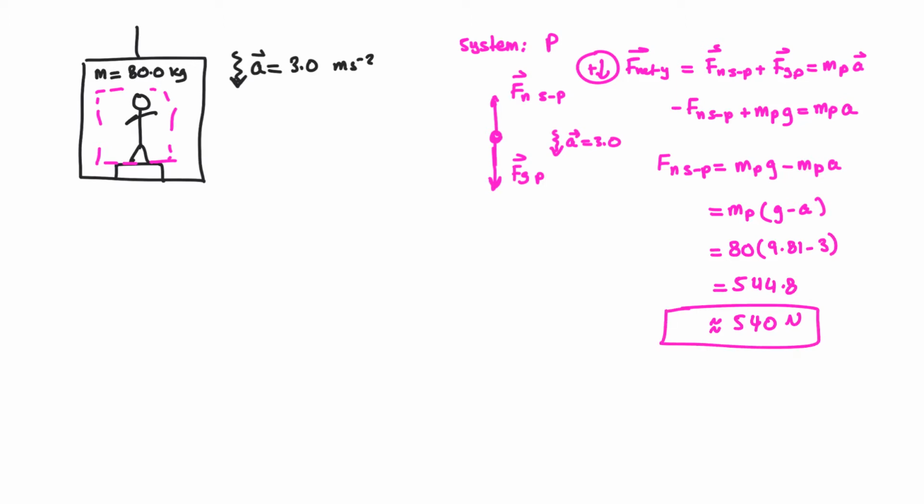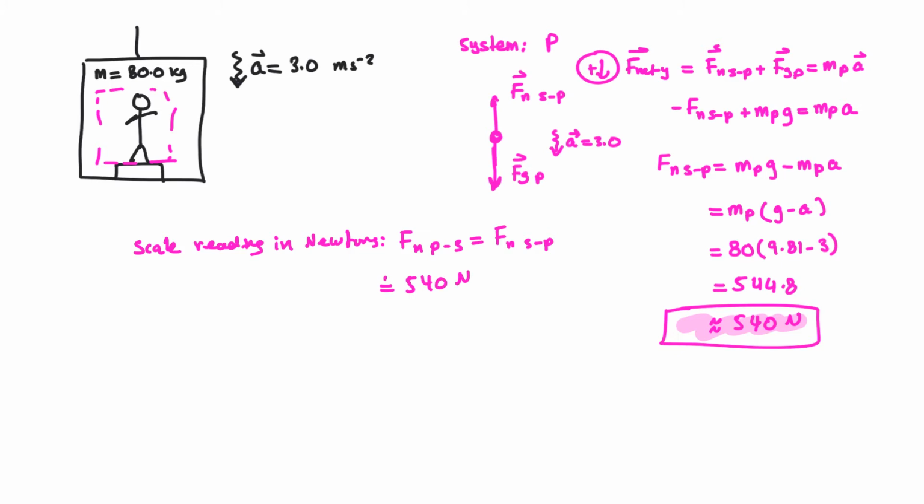And that's my force there. And therefore, the scale reading in newtons will be F_N acting from the person onto the scale, which is the same as the magnitude of the normal force acting from scale to person, which therefore is approximately 540 newtons.